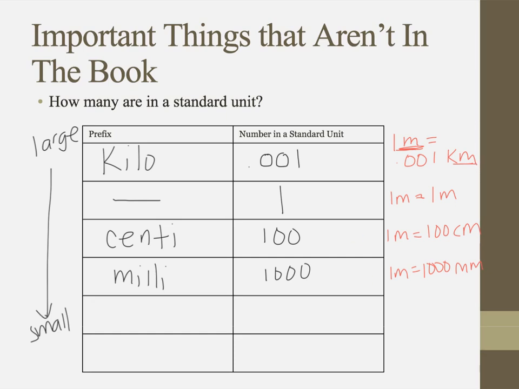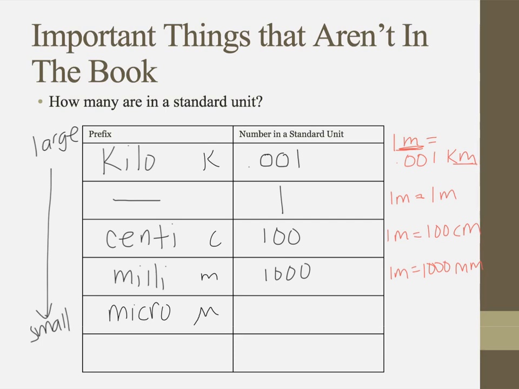The next unit down is micro. Okay, and it's worth noting that we have abbreviations for these. Kilo is K, centi is C, milli is M. Micro is this, mu, with this weird tail looking thing.